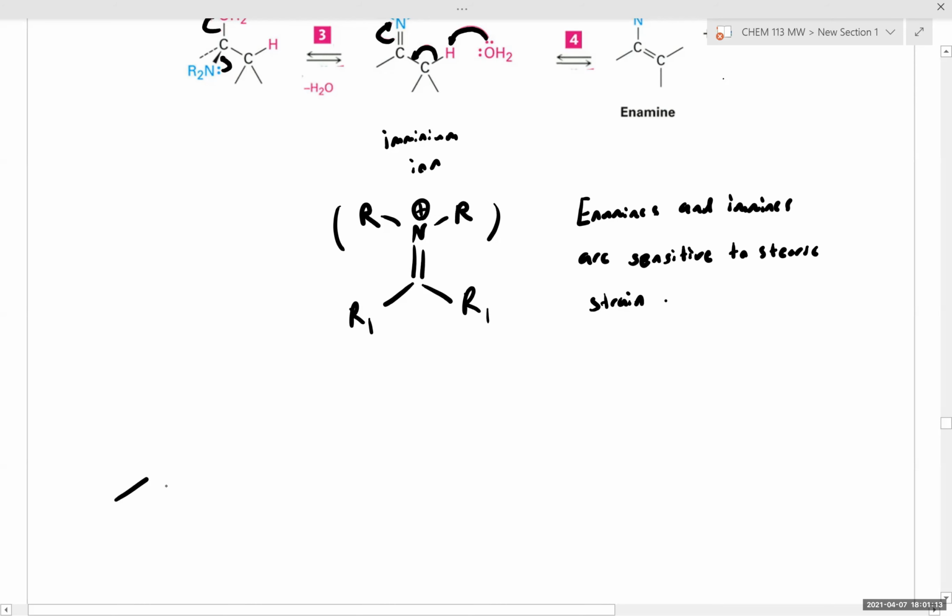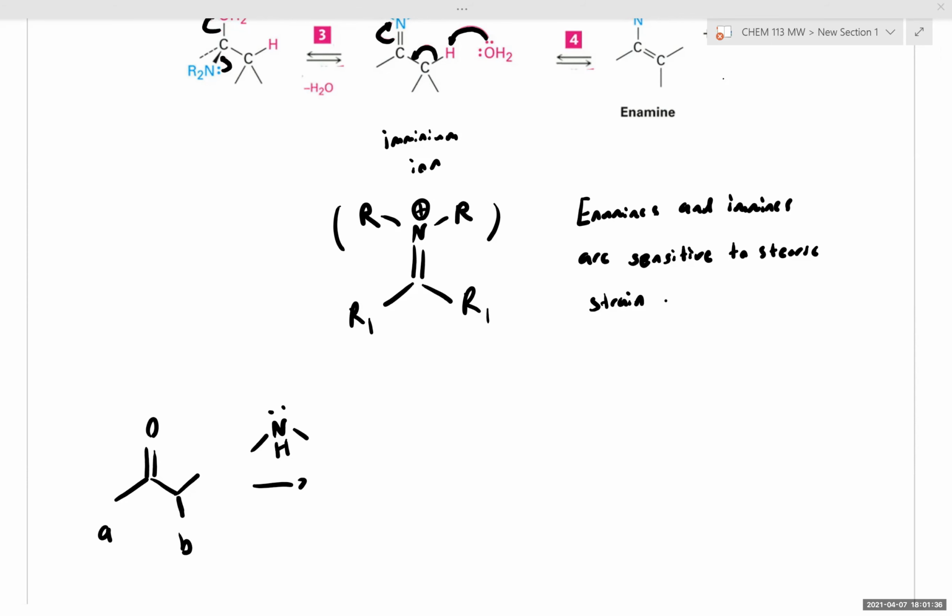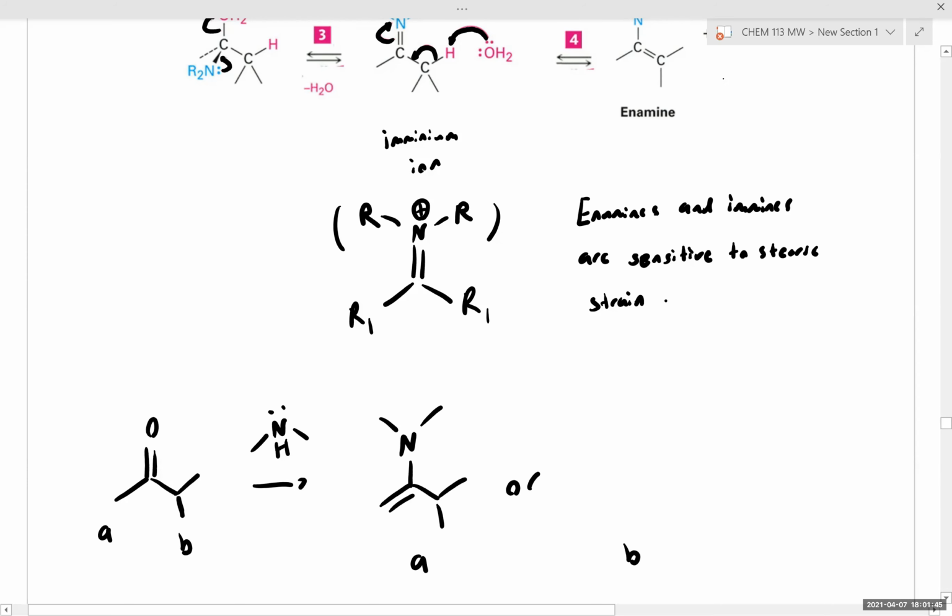Well, if we have a ketone where we can form an enamine at either site A or site B, so let's suppose we're reacting this ketone with dimethylamine, okay? So we could get one of two enamines that we'll call A and B.